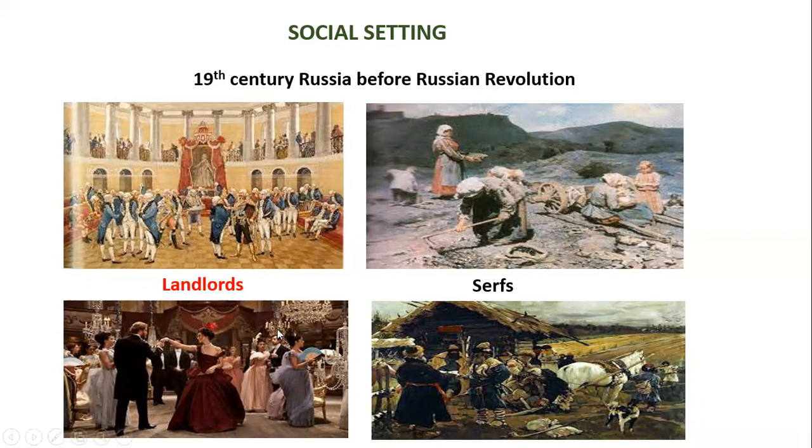You can see here in these pictures, and we can compare the serfs. They are working here, they are giving labor. So you can very clearly identify these things from these pictures. So 19th century Russia before the 1917 Russian Revolution. During this time, there was the feudal social system. The most powerful force was the landlords.